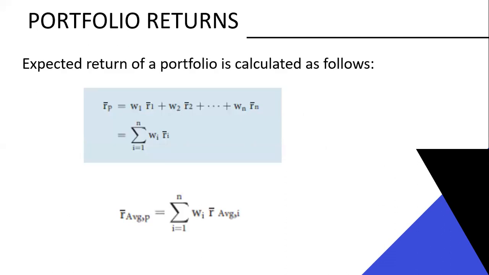So when we are going to be calculating the expected return of a portfolio, it is calculated as follows. W over here stands for the fraction of the total portfolio invested in an asset.